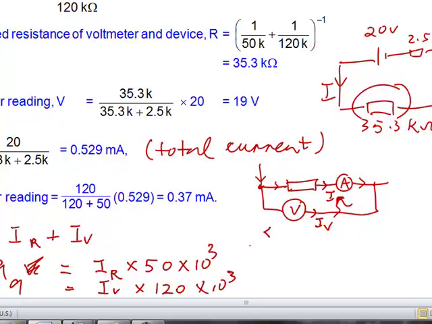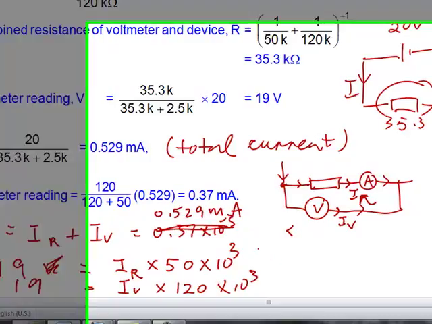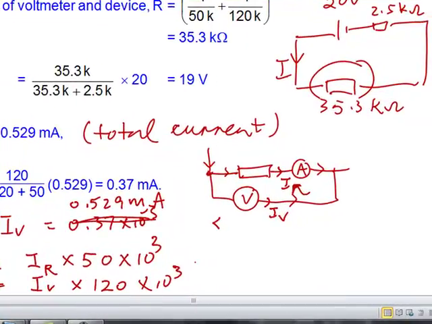Okay, I solve this, I should be able to work out the ammeter current, which is given by IR. Sorry, this is 0.529 milliamp. Okay, so from these two equations, I can find any one of the currents flowing through either the voltmeter or the ammeter resistance.